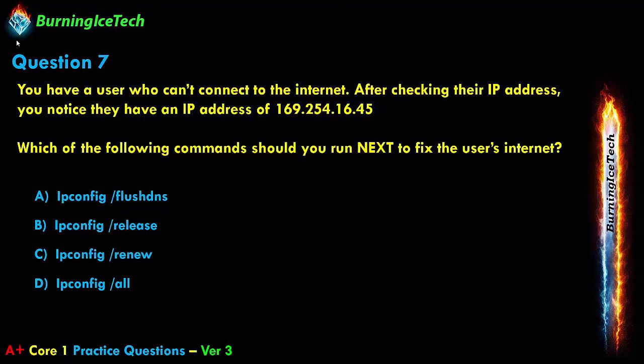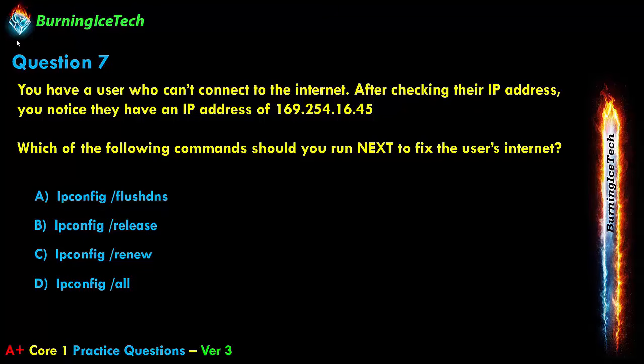And then normally after that command, you would see you've got an APIPA. You'll have a 169.254 because you've just released your current valid IP address, which is now expired. Right after that command, you would normally have to run a second command, which is answer C. It says renew. The second command is going to ask the DHCP for a new IP address. So both answer B and C have got to do with IP addresses.